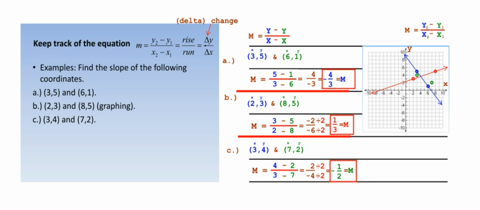Pardon me, I said it backwards. 3, 4 and 7, 2. Okay, so there's our line. Once again, since it's a negative slope, it's going downhill. So in other words, going down from left to right.